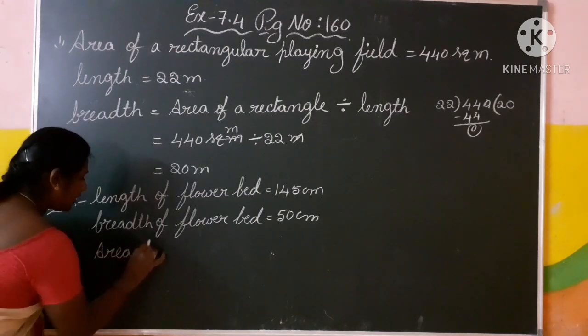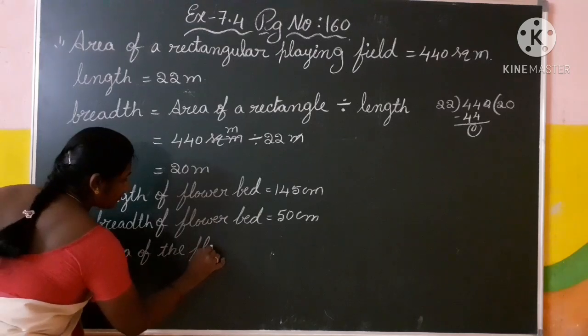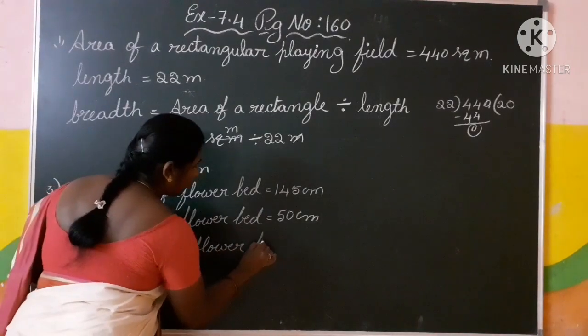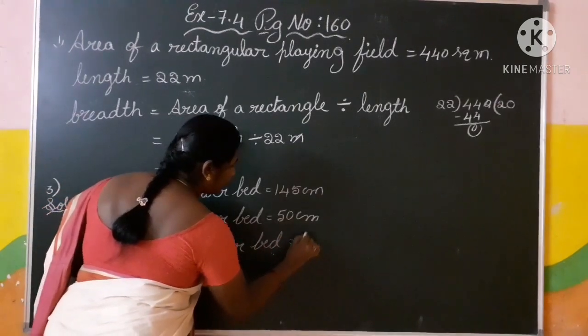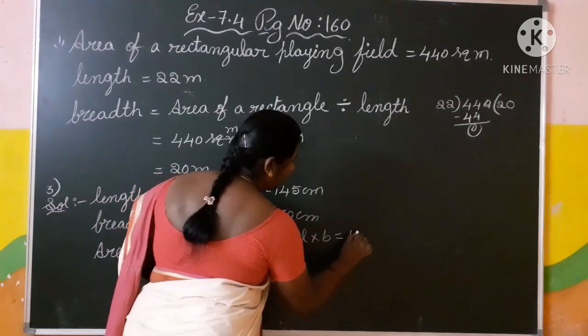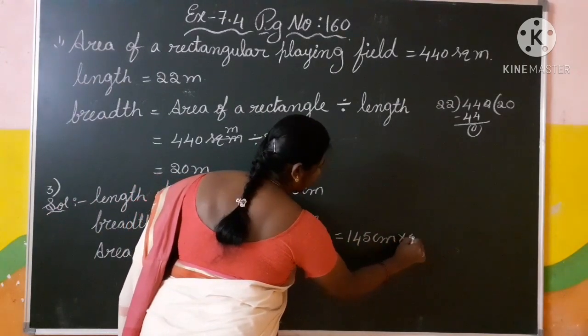Area of the flower bed is equal to L into B. Here length is equal to 145 centimeter into 50 centimeter.